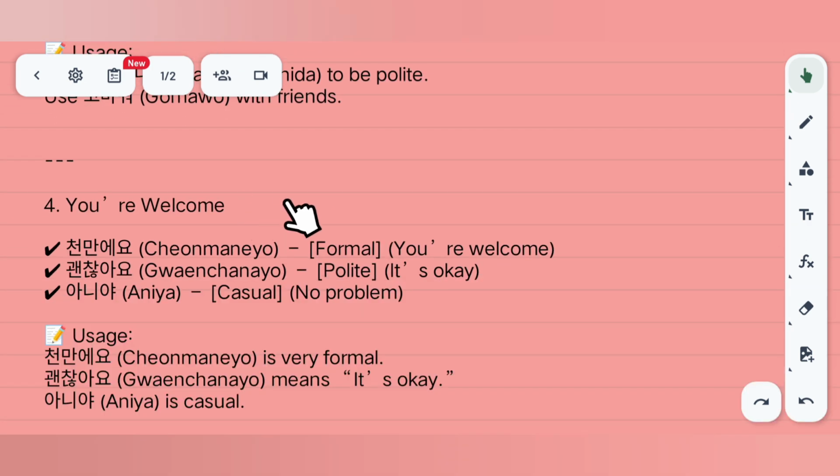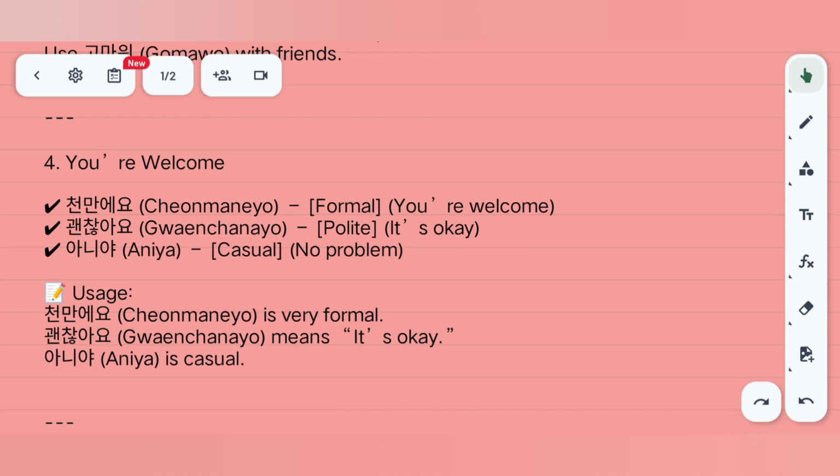Next one is how to say you're welcome. First one is so much formal, so mostly people don't use it, but you should know if someone uses it so you can understand. It's 천만에요. It means you're welcome. Next one is a polite way of saying you're welcome, which is 괜찮아요. It literally doesn't mean you're welcome.